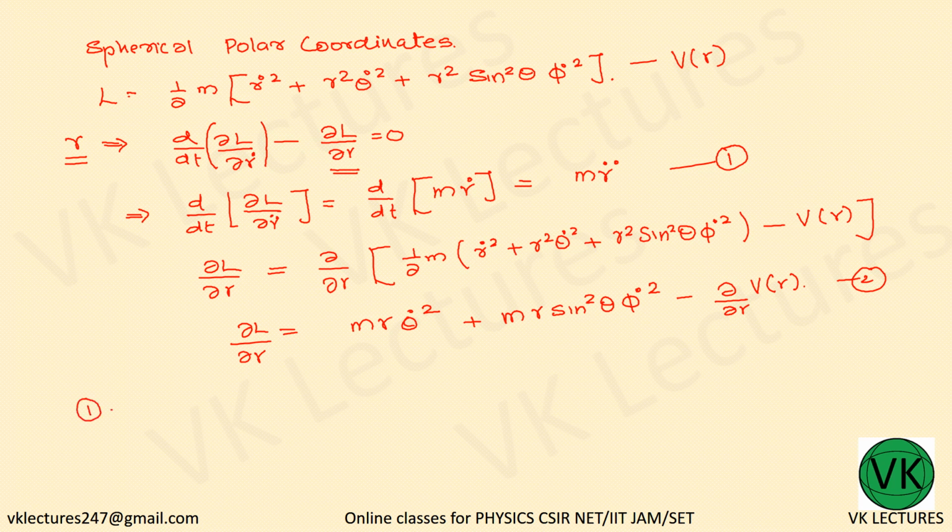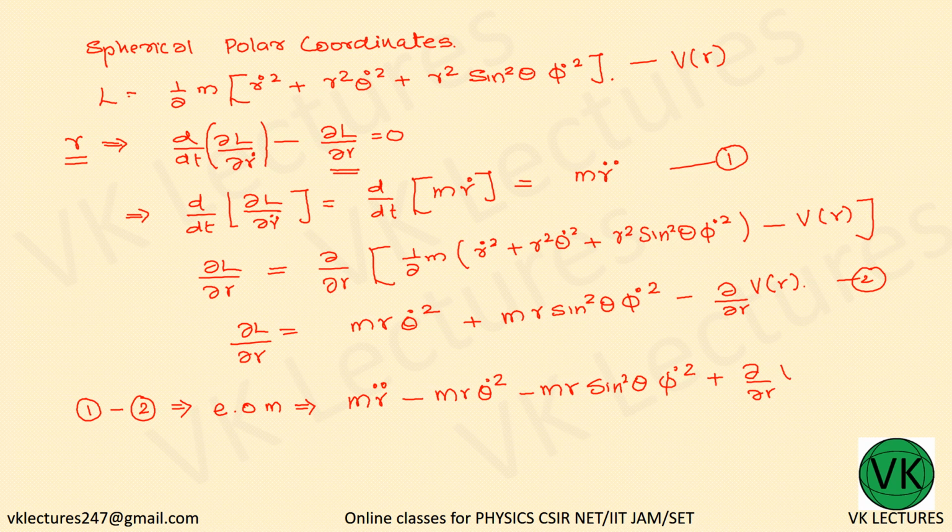So 1 minus 2 gives you the equation of motion in such a way that m r double dot minus m r theta dot square minus m r sine square theta phi dot squared plus dou by dou r of V of r equal to 0. So this is the equation of motion corresponding to r.